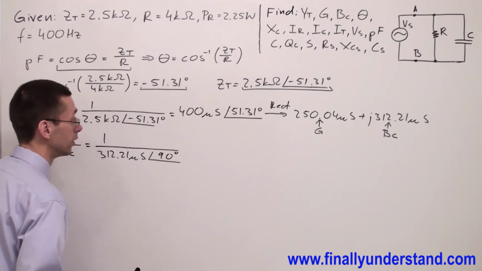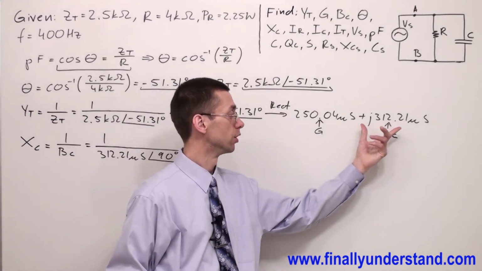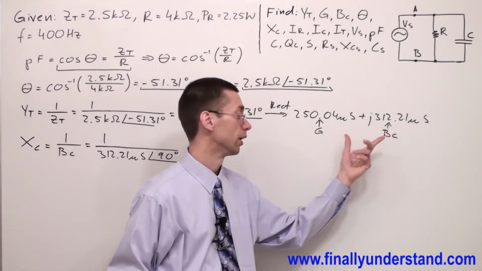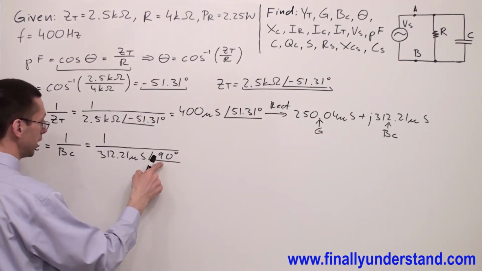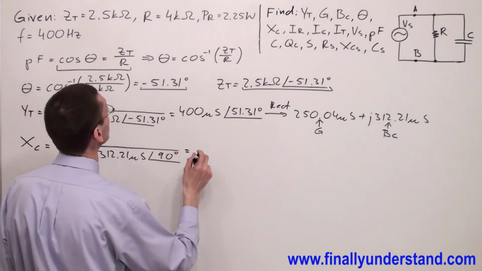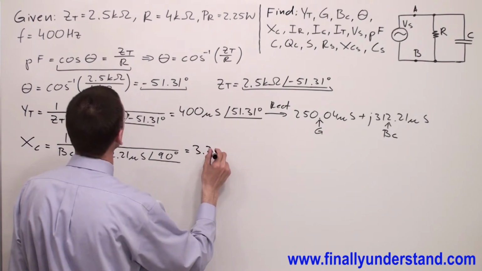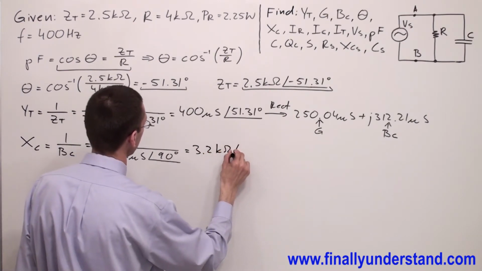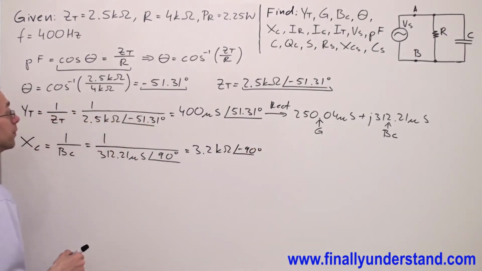Please keep in mind that we have j over here, which is the rectangular form. I prefer to work with the polar form. That's why instead of j, I wrote 90 degrees. This is equal to 3.2 kilo ohms and angle of negative 90 degrees. This is my XC.